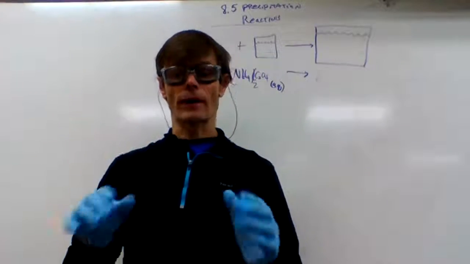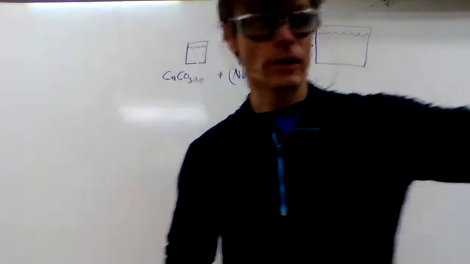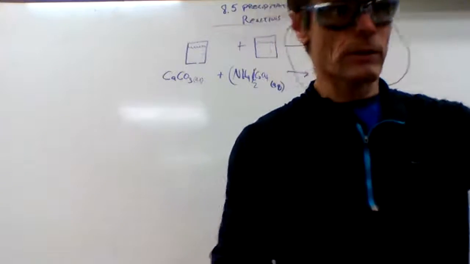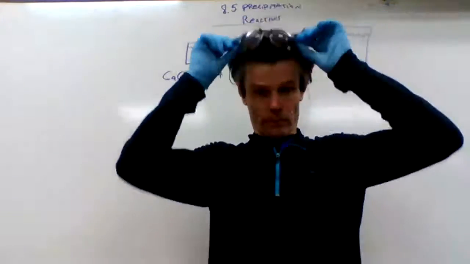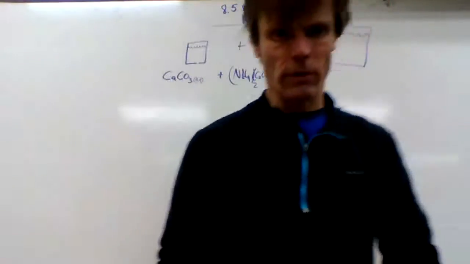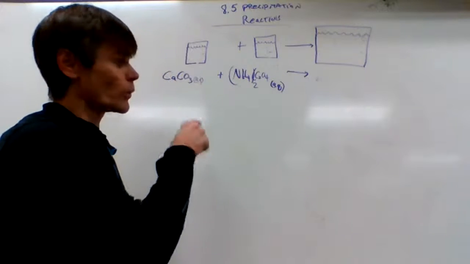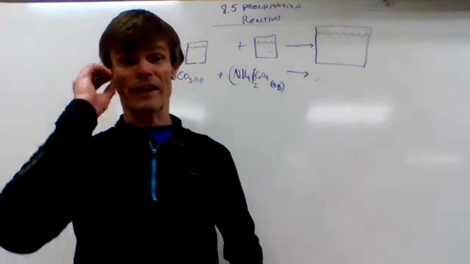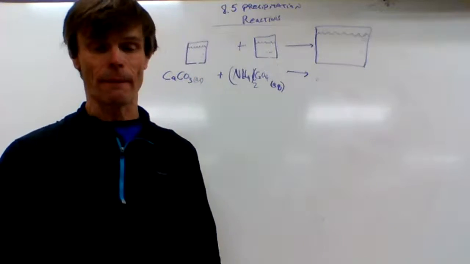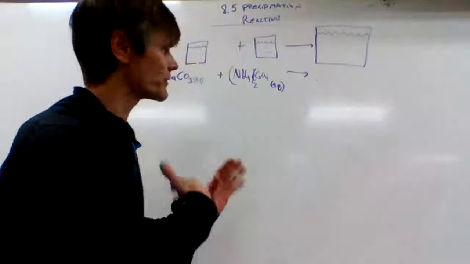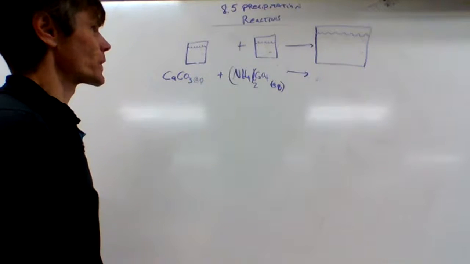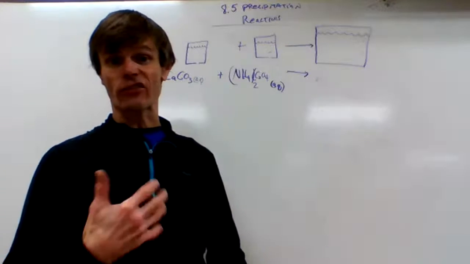Let's go through how to write it. I'm going to put this aside so I can take off my goggles. Don't need those. Okay. At the beginning of next lecture, we'll go over this. I want you to try writing that but first we need to know how to do it. So this will be the complex reaction that we're going to work on at the beginning of next lecture.